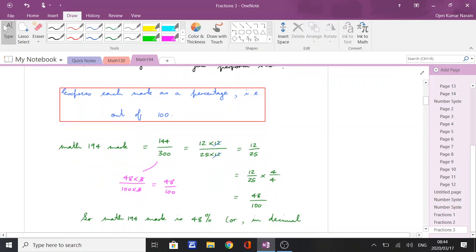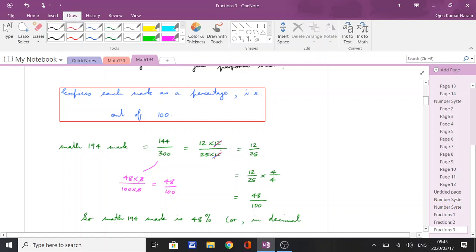Now there's various ways of doing it. So 144 divided by 300, 144 and 300 has 12 as common. So you multiply 12 by 12 gives you 144. If you multiply 300, you get 25 by 12. So we can cancel the 12.